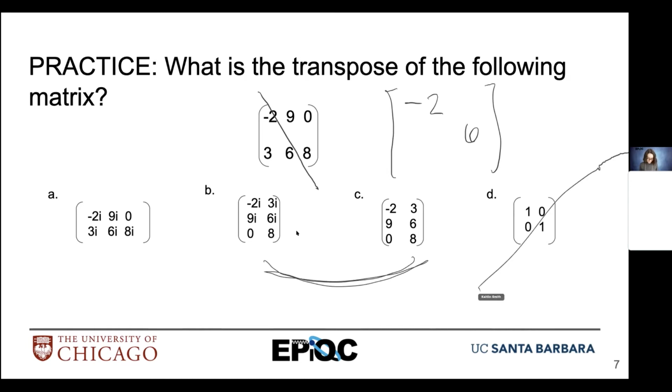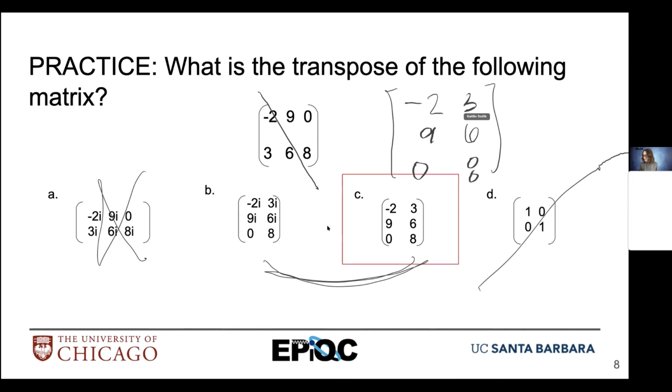And since we're just calculating the transpose, we don't want to add imaginary values here either. So we'll flip around our diagonals. That'll give us 9, 0, and then 8 and 3. So we can see our answer here is going to be C.